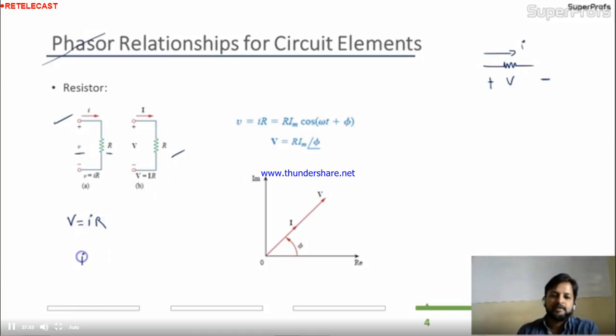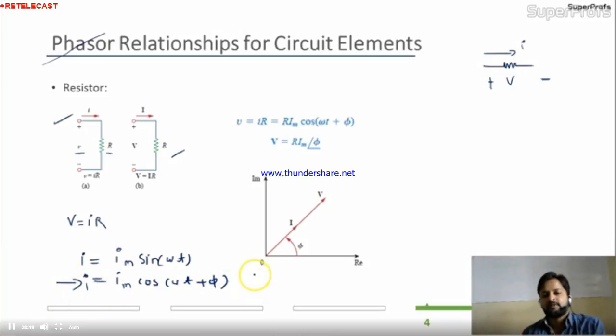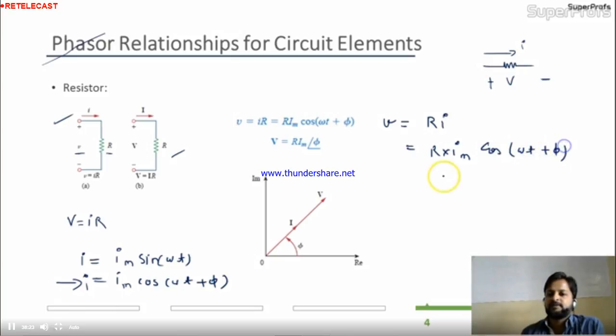But if your current is sinusoidal, meaning Im sin omega t is the current, or you can take it in the reference form, that is cos omega t plus phi. This is the generalized form of any sinusoid function. Alright, so if I is given, can you find out the V? Yes, V is nothing but Ri. So R into Im cos omega t plus phi.